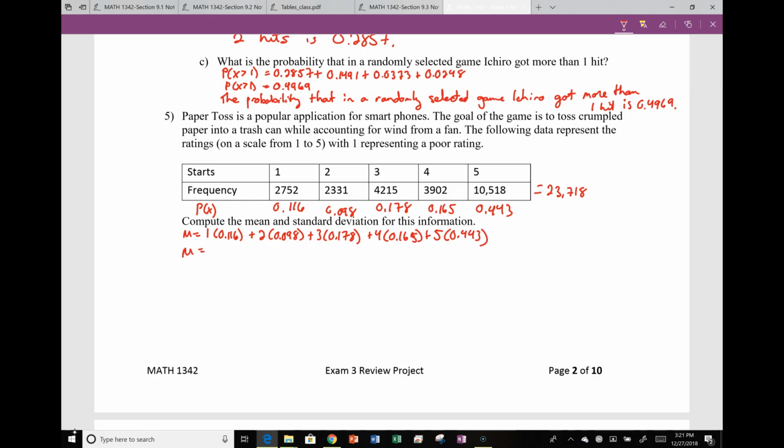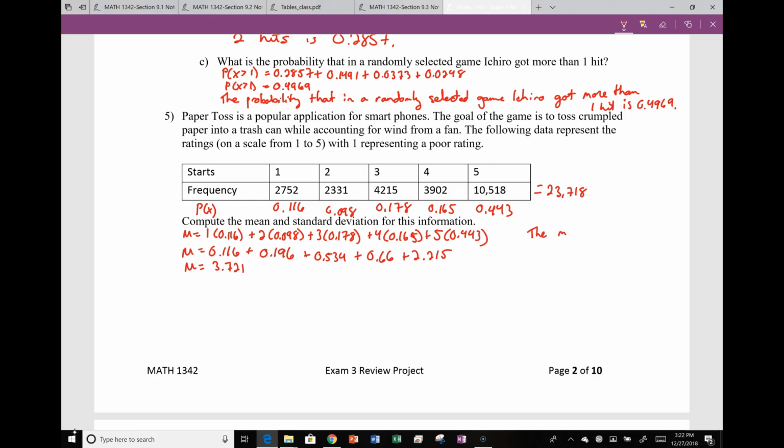So 1 times 0.116 is 0.116. 2 times 0.098 is going to be 0.196. 3 times 0.178 is going to be 0.534. 4 times 0.165 is going to be 0.66. And 5 times 0.443 is going to be 2.215. We add all of this up and we get 3.721.